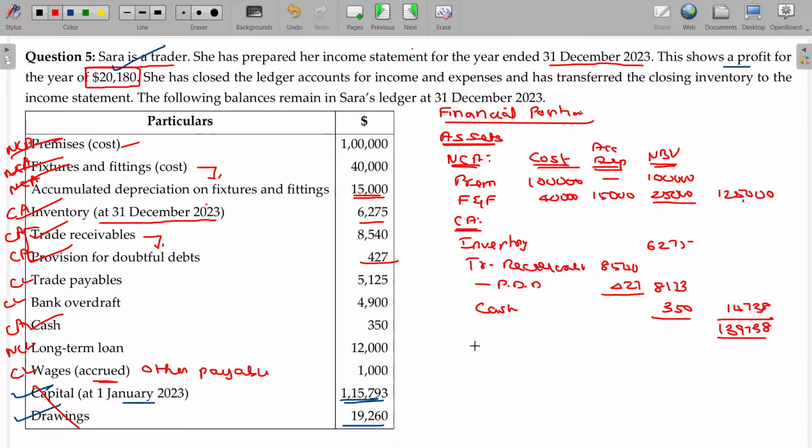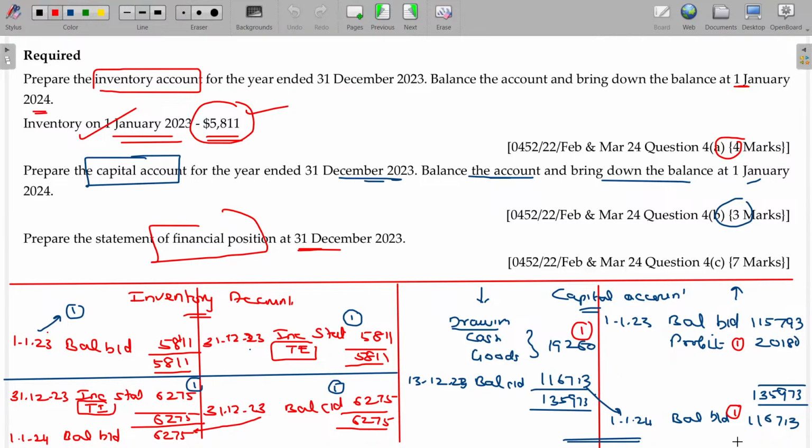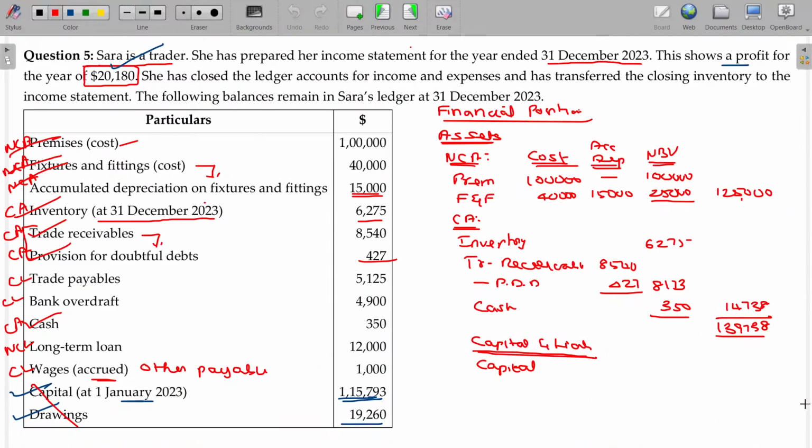Now we will go for the capital and liabilities head. We start with capital here. Then the capital we calculated already here, 1,16,713 will be transferable.